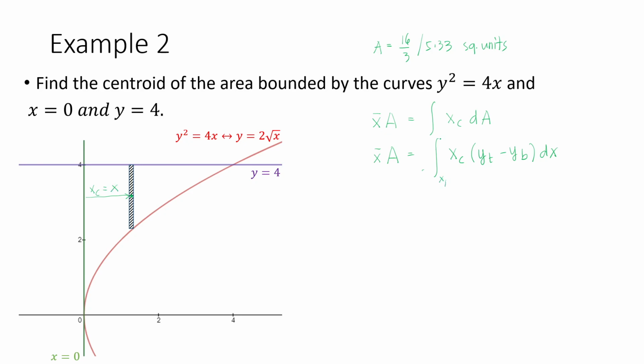So this is from x1 to x2. So bar x multiplied by 16 over 3 is equal to the integral of x times y top, which is 4 minus 2 square root of x, dx from 0 to 4. And you now have bar x.